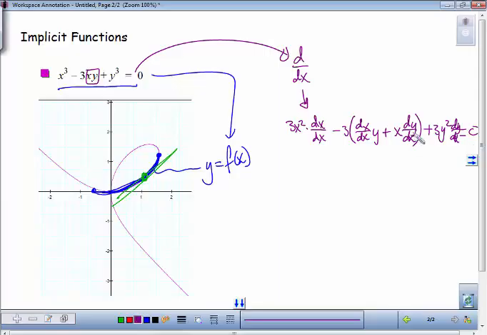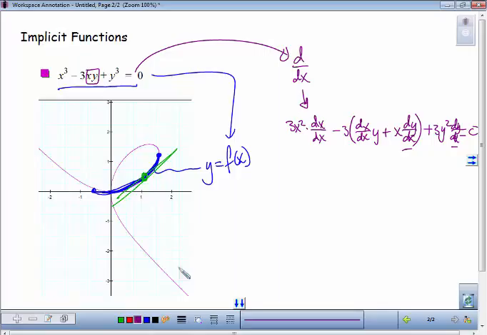And sometimes instead of saying dy dx, you just call it y prime. Anyways, that's the implicit differentiation that you did. And if you want, you can solve for dy dx here, because that's eventually what you'll need to do.